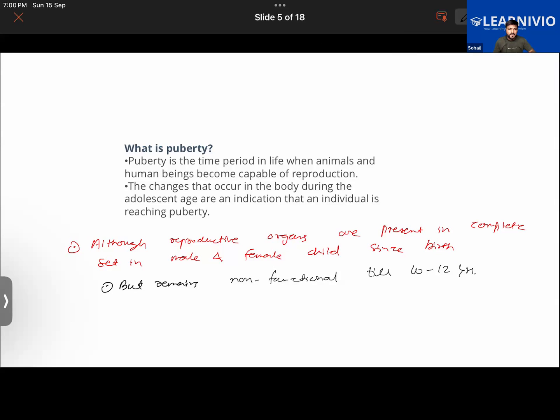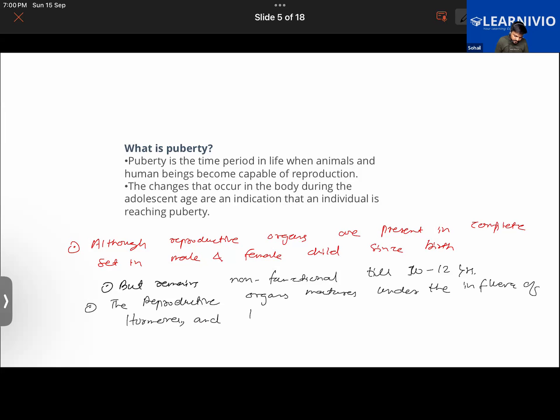So what are we saying? That the reproductive organs mature under the influence of hormones that are produced by our body, and the time when the human body becomes reproductively mature is called puberty.